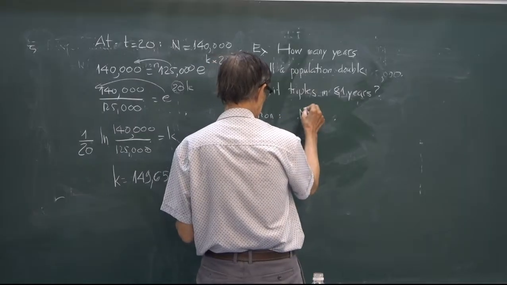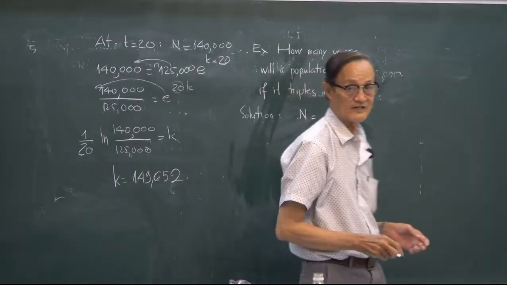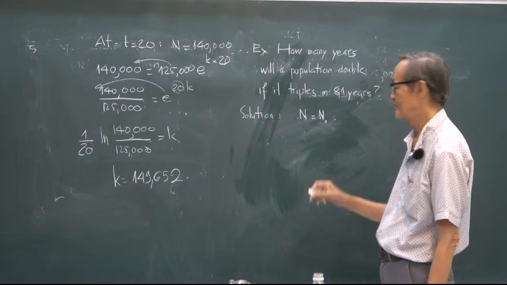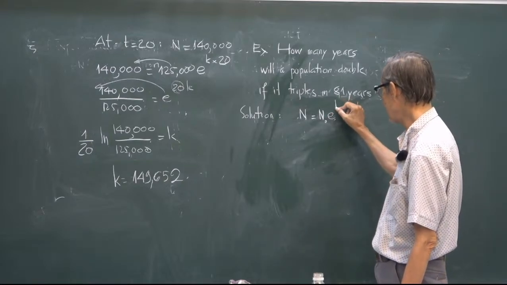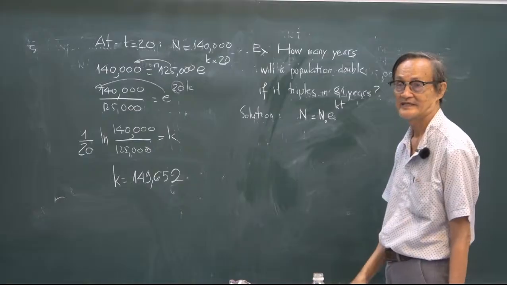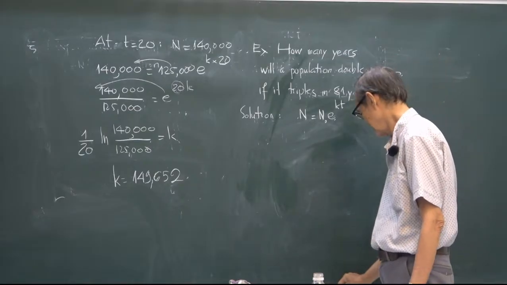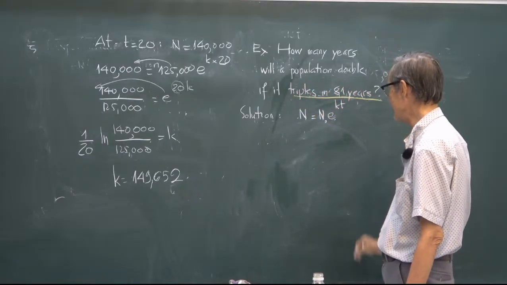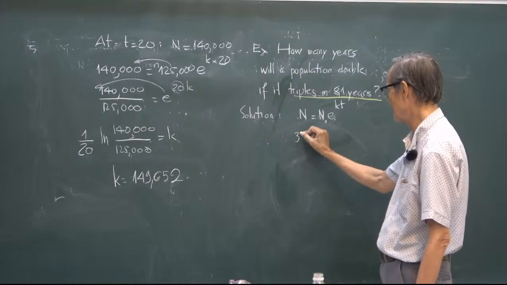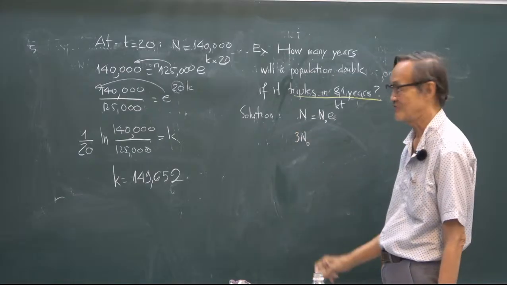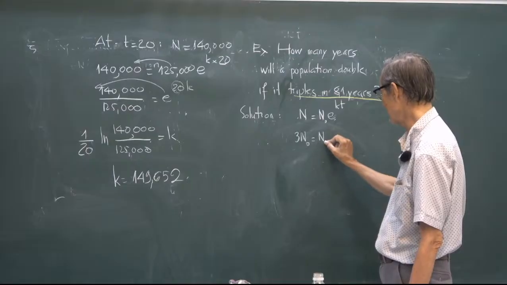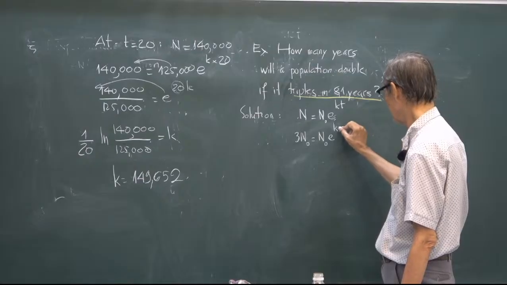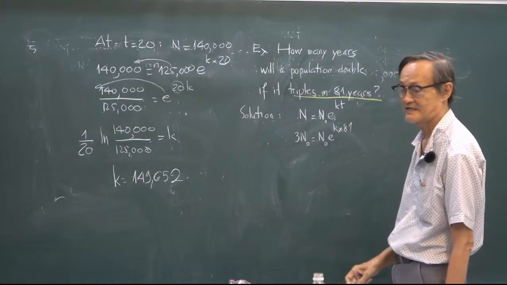We have the formula capital N equals capital N0 e power k t. Okay. Triple in 81 years. Triple: 3 N0 equals N0 e power k times 81.